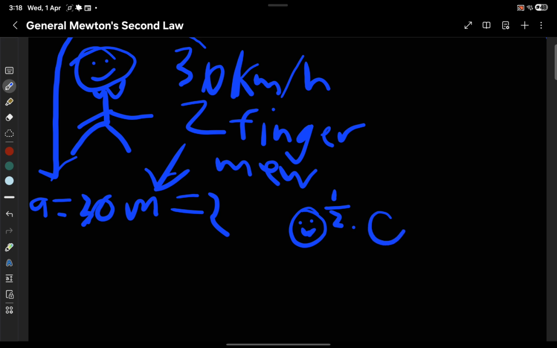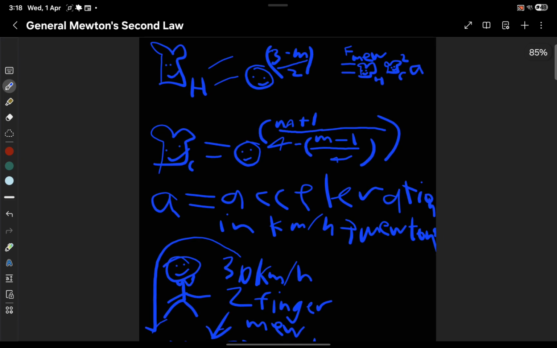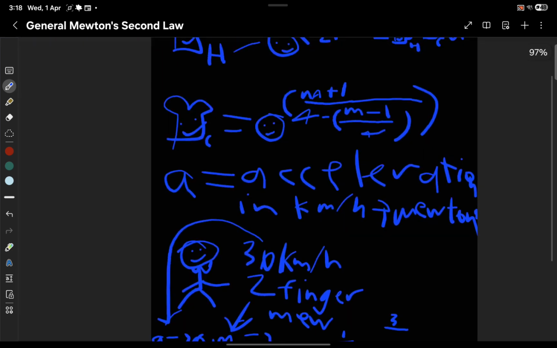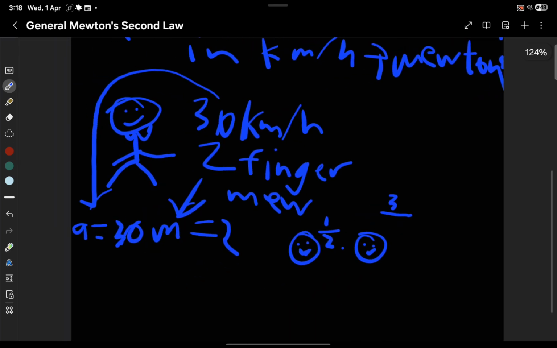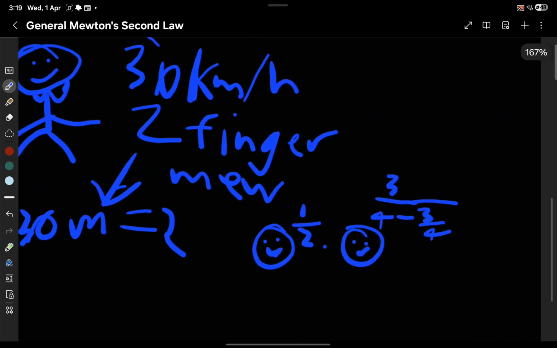Now we're going to multiply that by this massive equation. But this is actually simple. Okay, so let's input the numbers. 3 over 4 minus 3 over 4. Oh wait, no, 1 over 4.